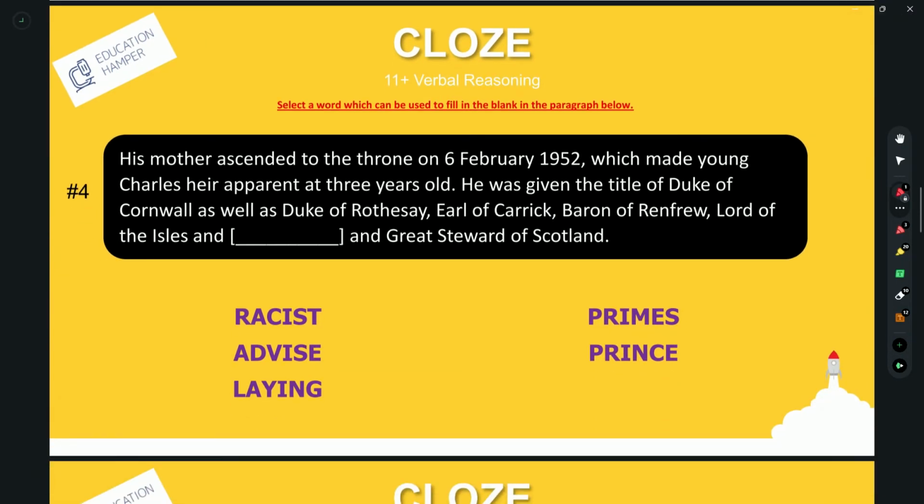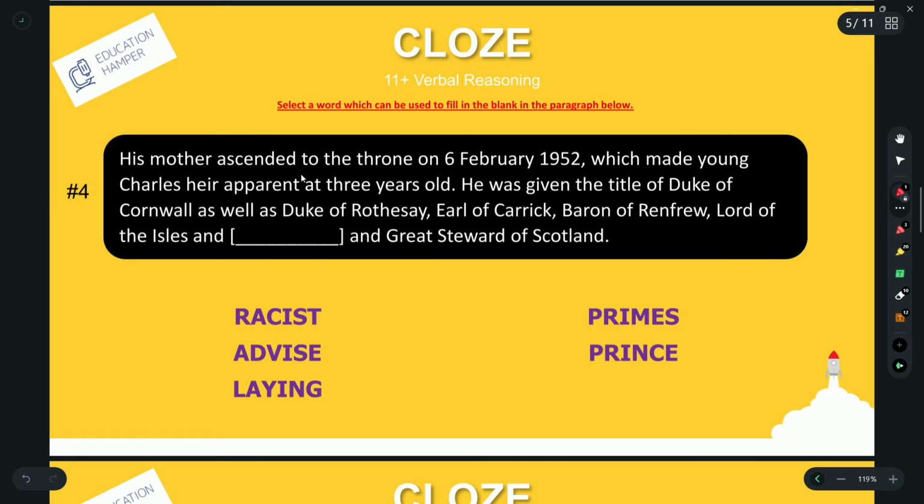Question 4. His mother ascended to the throne on 6 February 1952, which made young Charles heir apparent at 3 years old. So it looks like when they said ascended the throne, maybe his mother is a queen of some sort. Maybe her mother or father, who was the ruler at the time, passed away, so she ascended the throne.